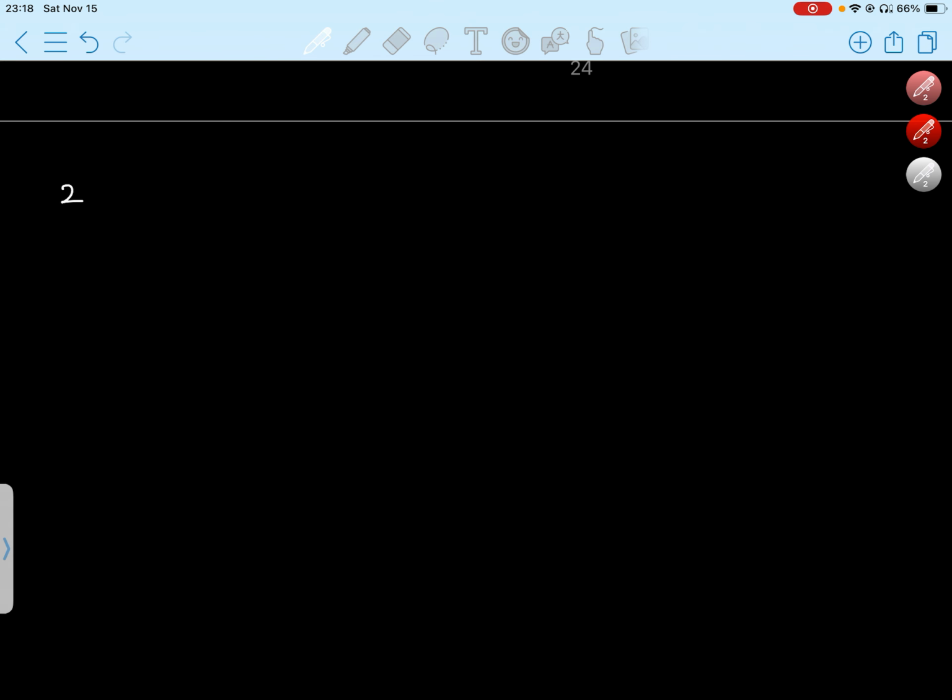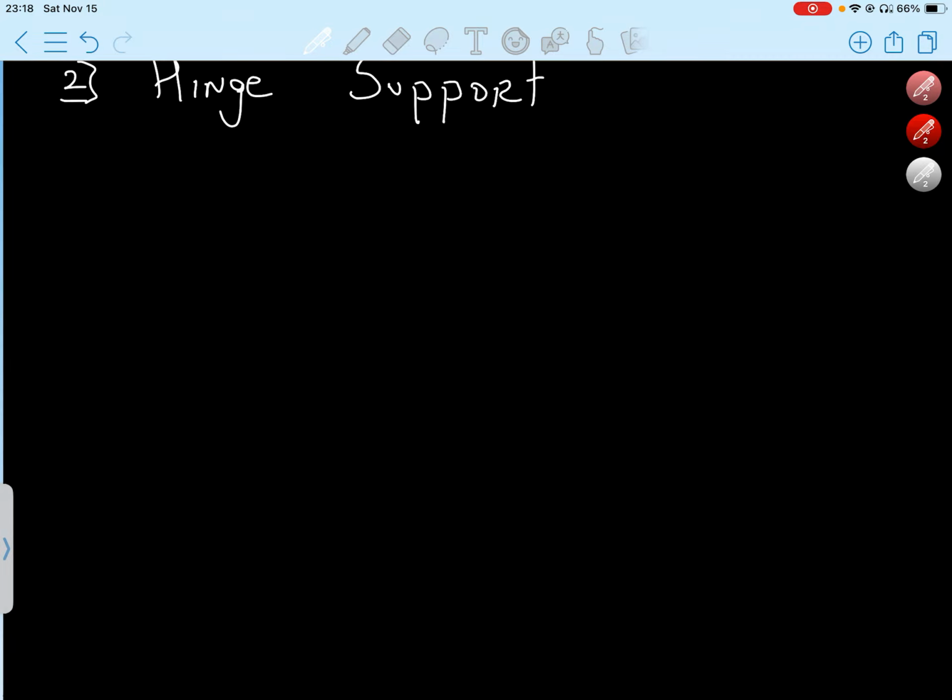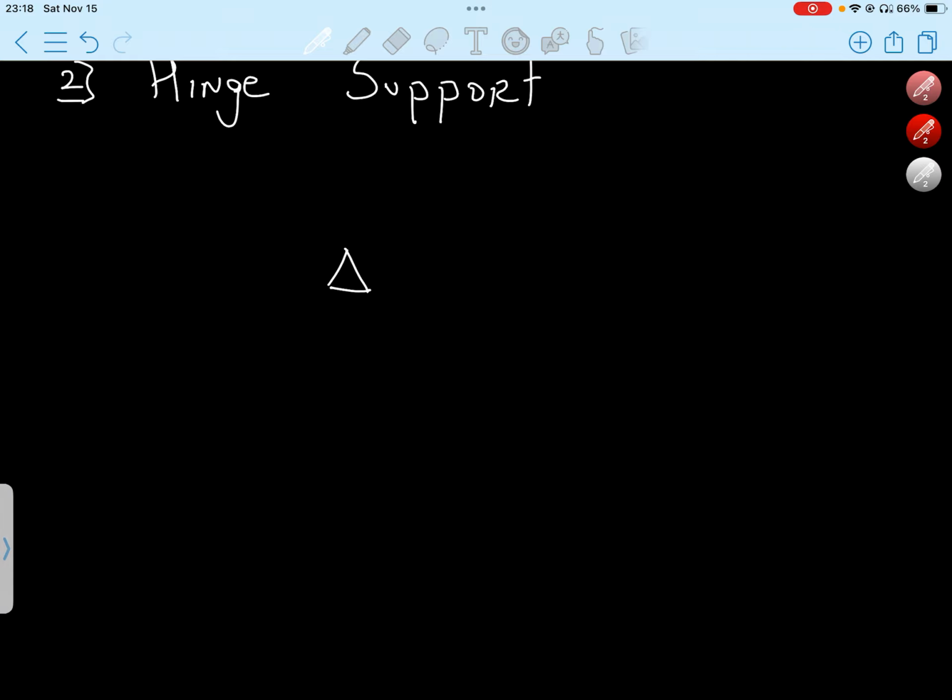Now let's jump to the second type of support, that is hinge support. Hinge support is basically depicted as a triangle. We'll not go into depiction. That's the job of your boring professors. Irony.